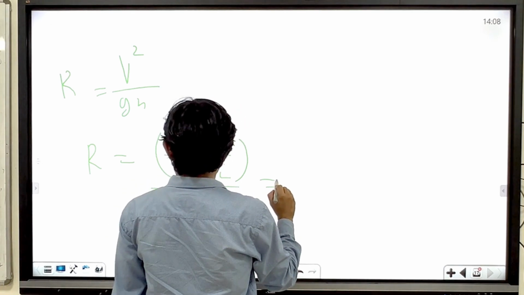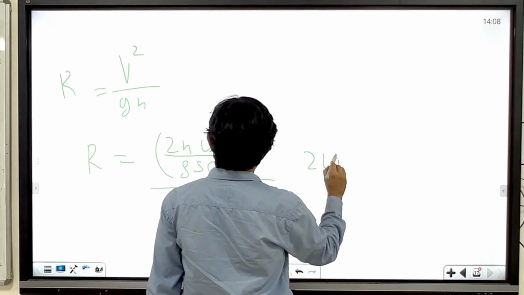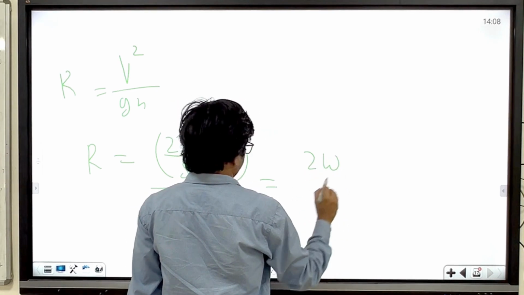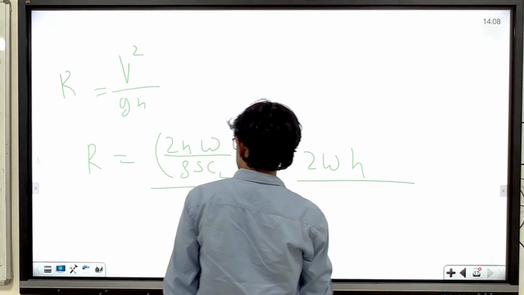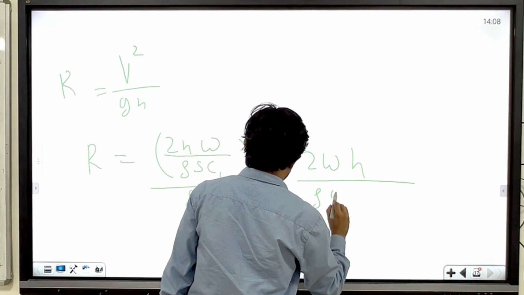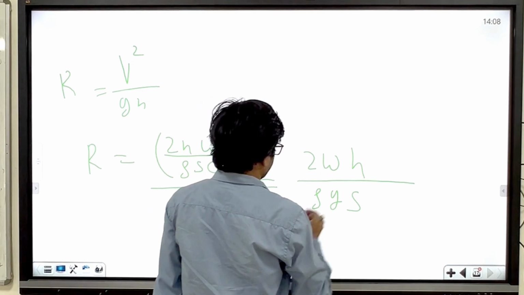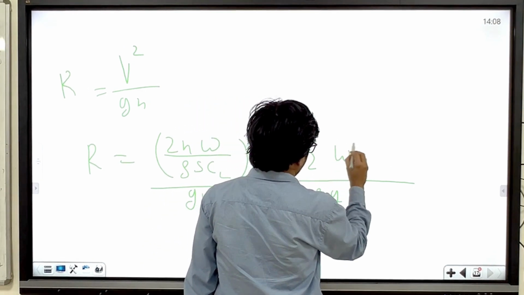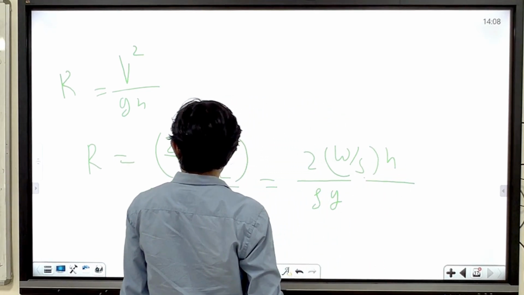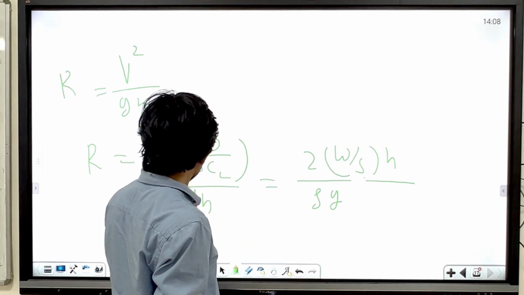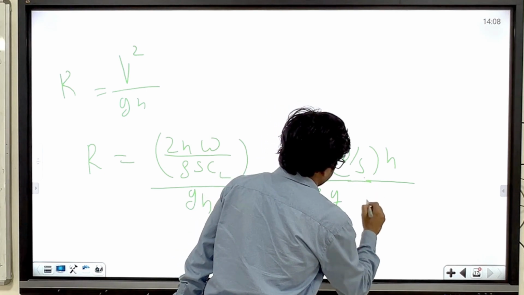Now you can further rewrite it as 2 W by S, and n here, rho g and then CL.